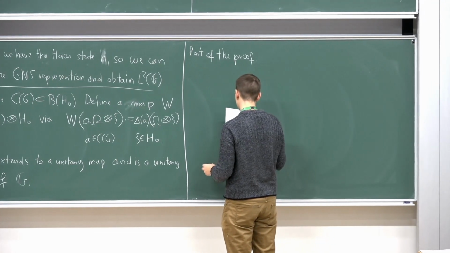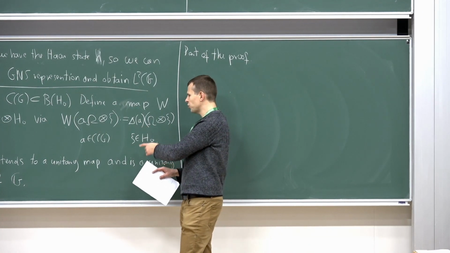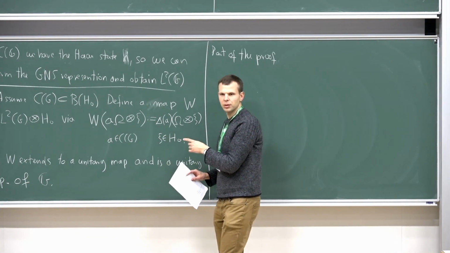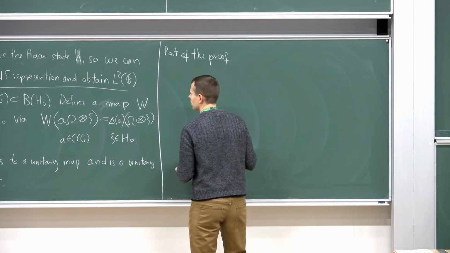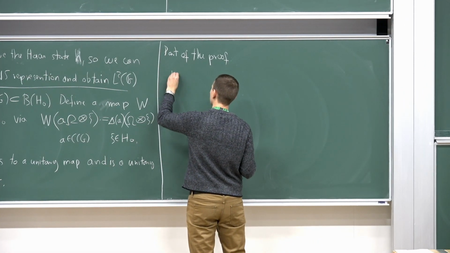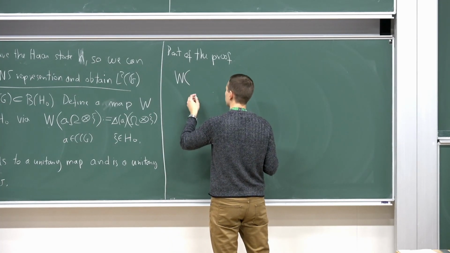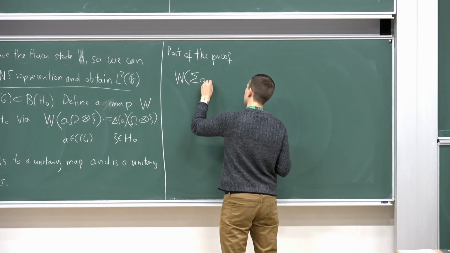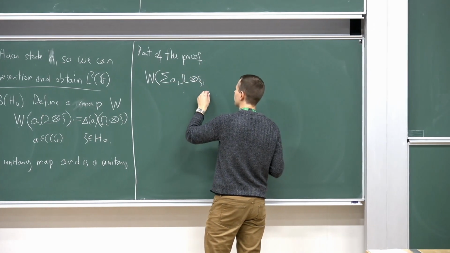So we want to show that it's a unitary map, that is, an isometry that is onto. First we'll show that it's an isometry. We look at W acting on some of the operators of the form sum of A_i omega tensor psi_i.